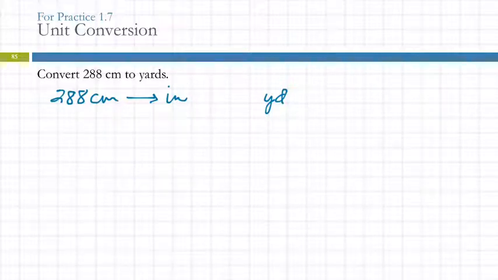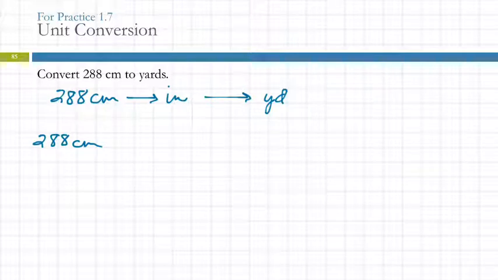Which one do you want to do? Feet or no feet? No feet. For every arrow, you have to know the relationship between those two things. So there's my path. And finding the path is generally the hardest part of a dimensional analysis problem.